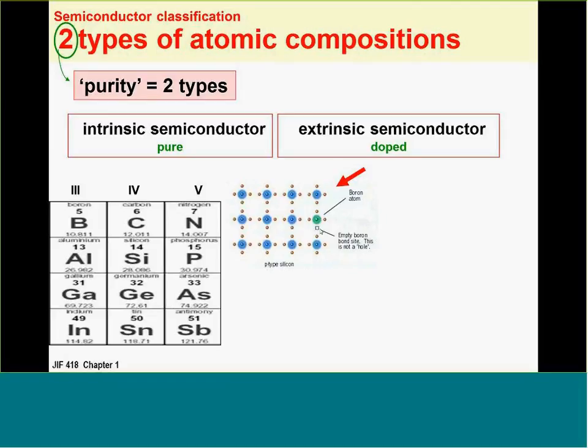This empty bond site acts as a hole, which is not technically a hole, but it's a charge carrier, where we name it hole. It's not a physical hole, but it acts as a charge carrier.